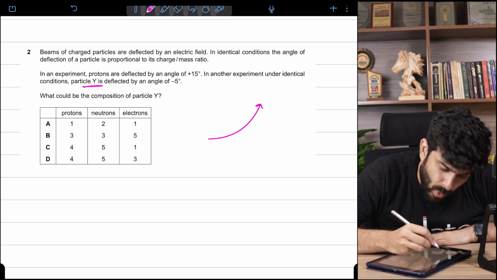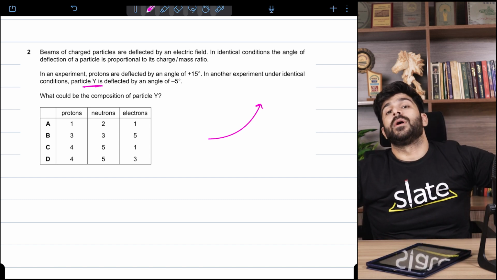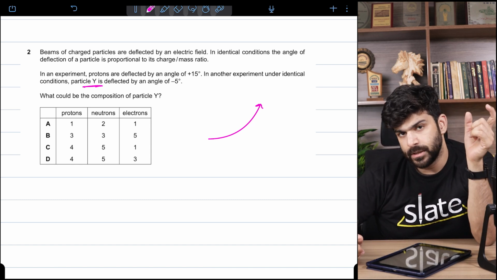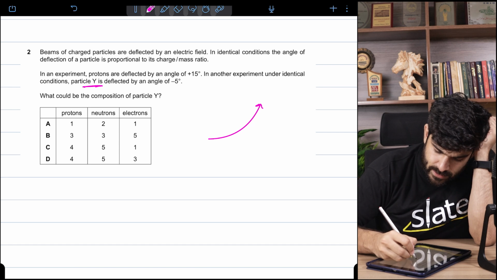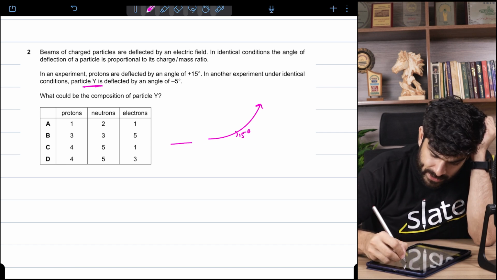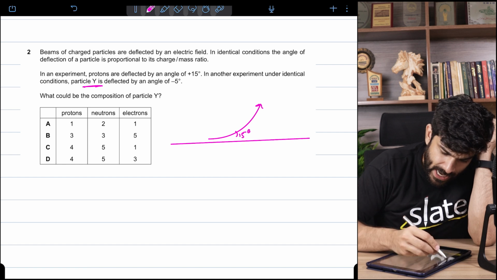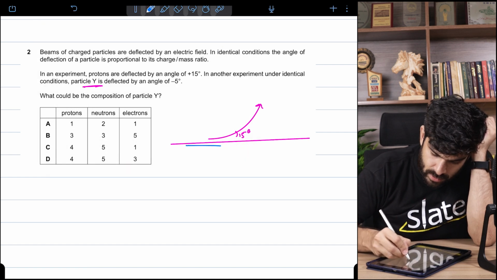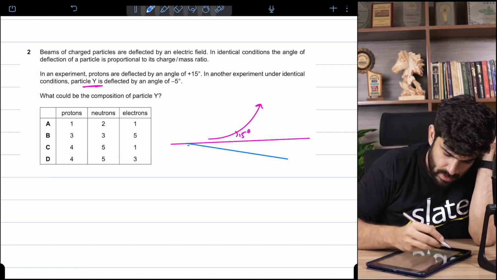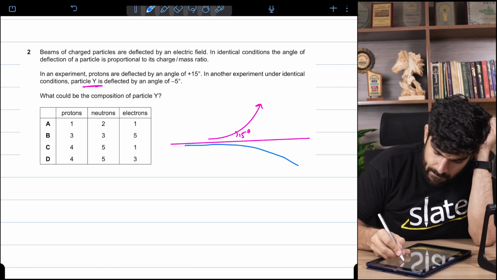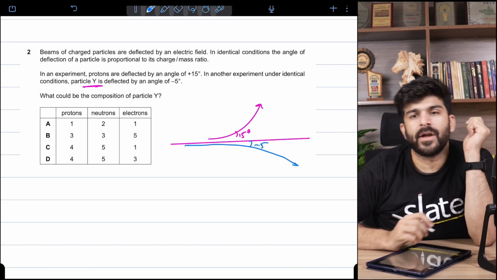And particle Y, we don't know anything about particle Y. So we took proton as standard, and the other one has a lesser angle than the proton: minus 5.